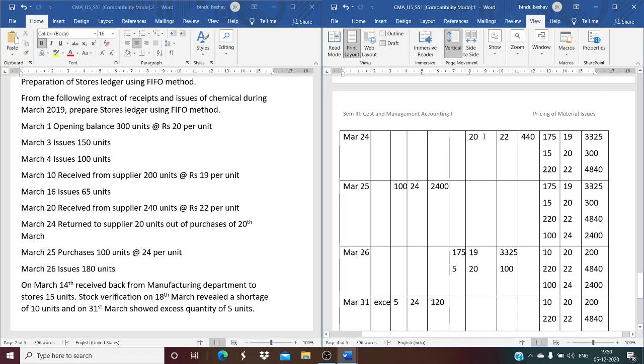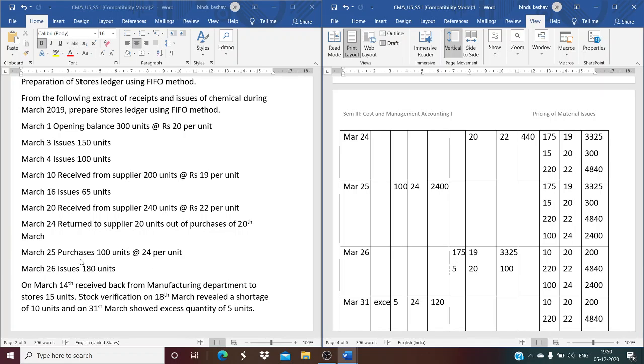So, we are giving it back to the supplier. How many units? 20 units at rupees 22. Now the balance will be the first lot 175 at rupees 19, 15 units at rupees 20, and from this 20 units are issued. So 220 units at rupees 22, amount 4840.